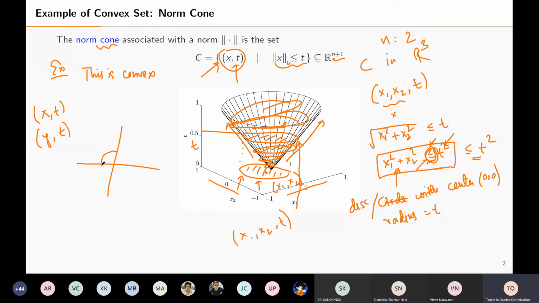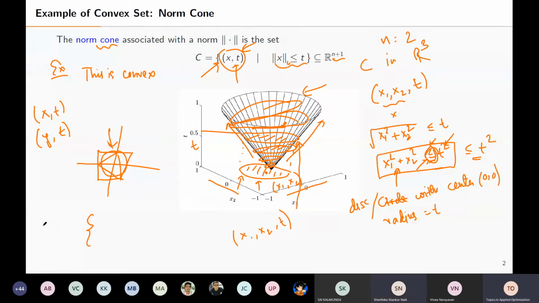We discussed the two norm, we discussed the infinity norm that goes like this, and the one norm that goes like a diamond, and so on. Those are also geometrical objects, and in the case of norms, it's the set of points that satisfies the norm condition. The way we wrote it there was just x. Here we are bringing in t also, right? So that's why it becomes a cone.